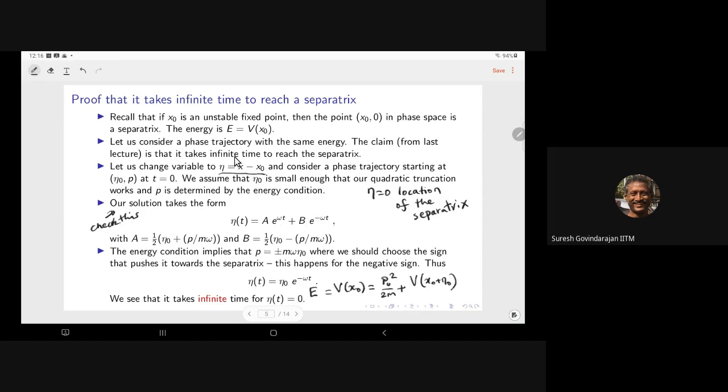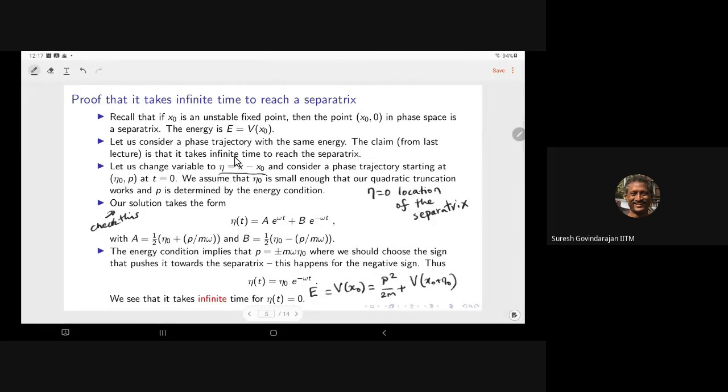At t equal to 0, eta of t is equal to eta naught. The energy condition implies that p equals plus or minus m omega naught eta naught, where we should choose the sign that pushes it towards the separatrix. You can just check that if eta naught is positive, this happens for the negative sign. Thus eta of t is equal to eta naught e power minus omega t.